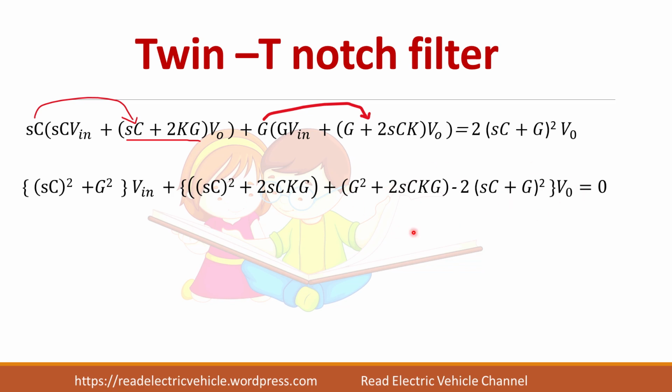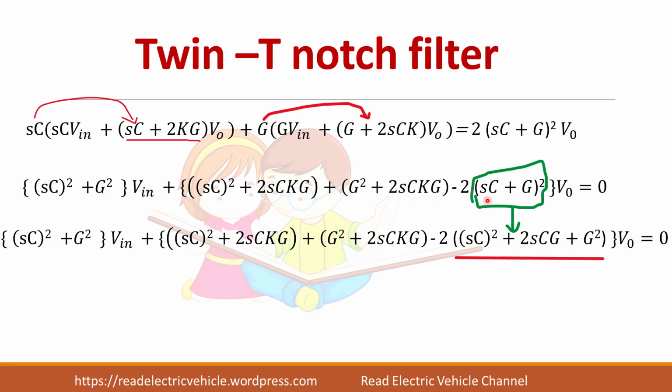Actually we need to simplify here. If you see here, this is of the form A plus B the whole square. So A plus B the whole square is A square plus B square plus 2AB. So I am writing here SC square, so this is A square. Then 2AB: 2 into A is this one, SC, and B is G plus G square.